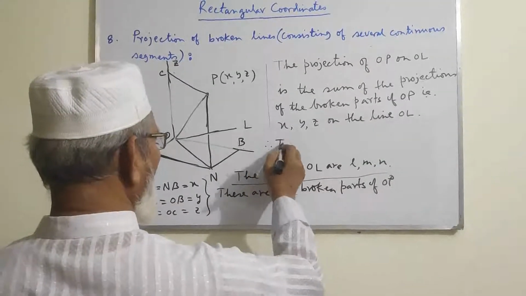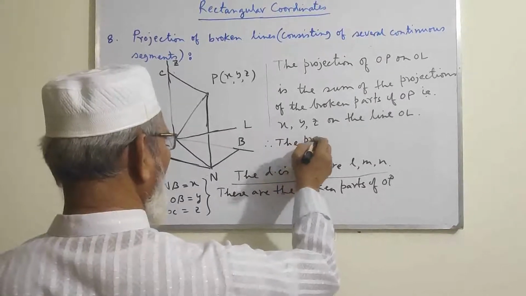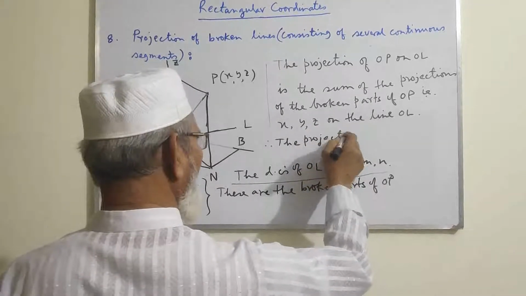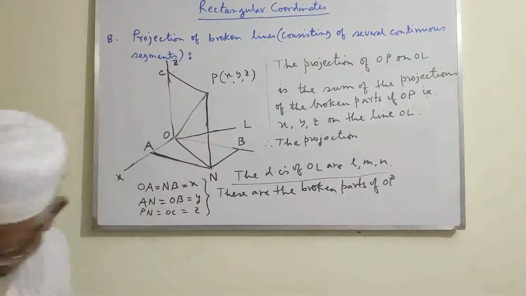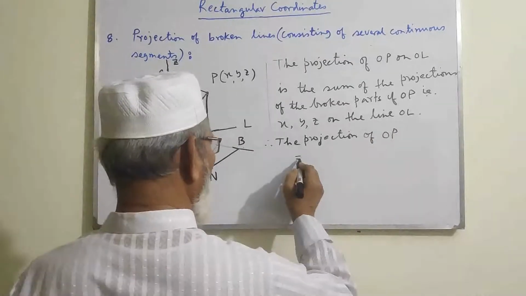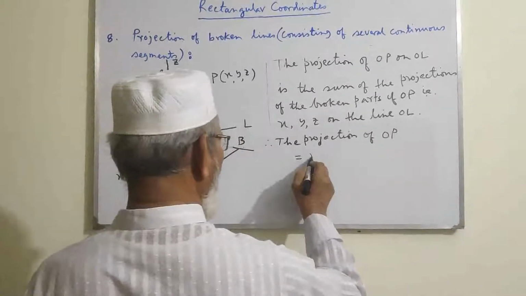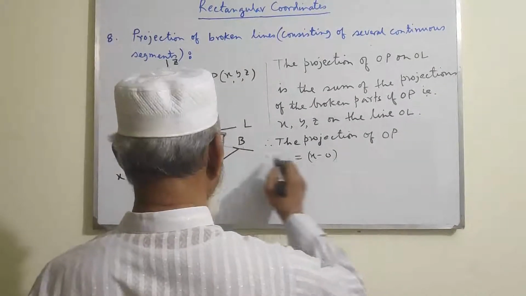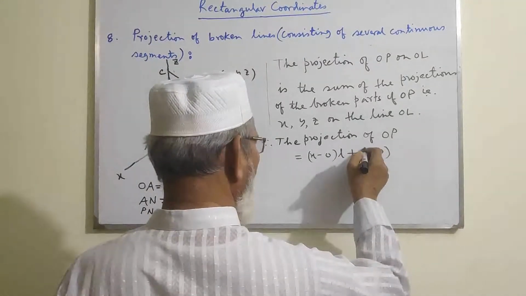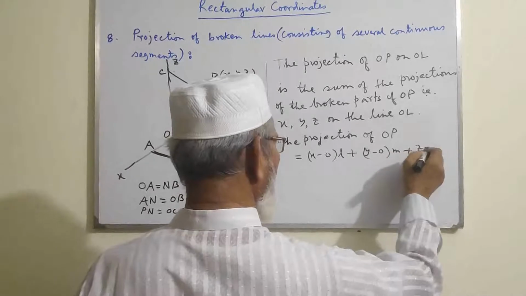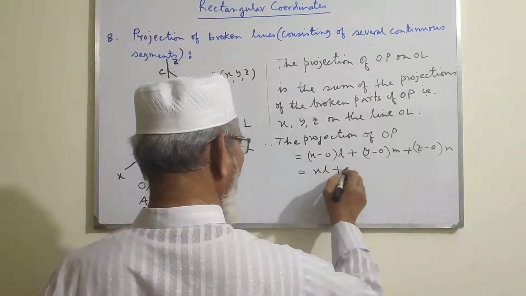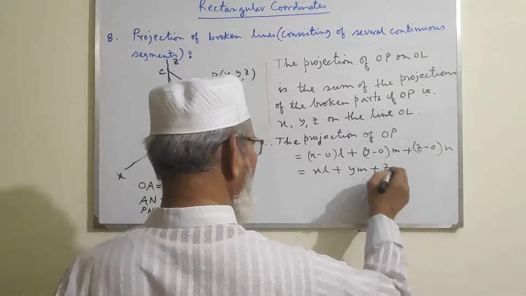Therefore, the projection of OP is exactly the difference of coordinates x minus 0 into direction cosine L plus y minus 0 into M plus z minus 0 into N, which is exactly xL plus yM plus zN.